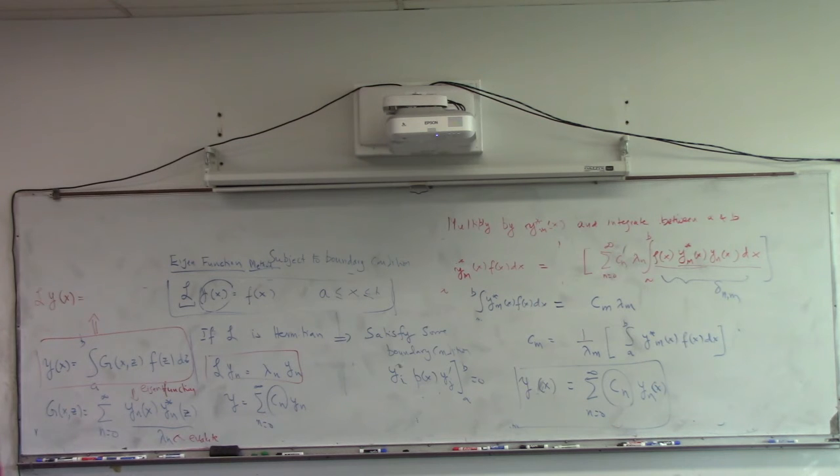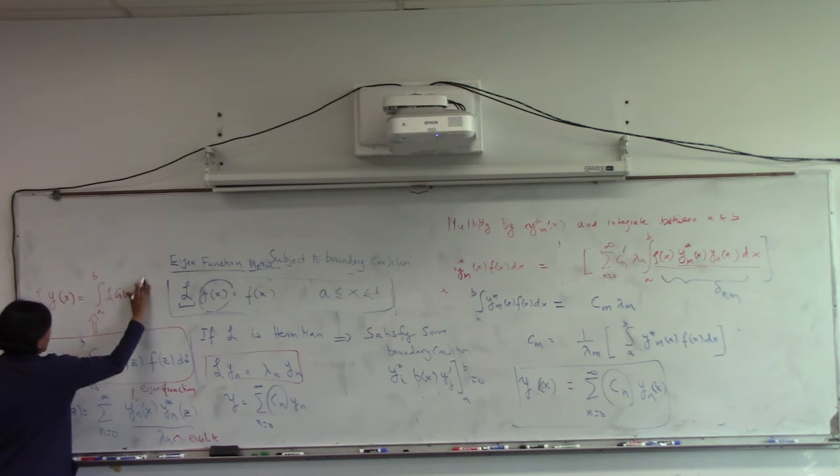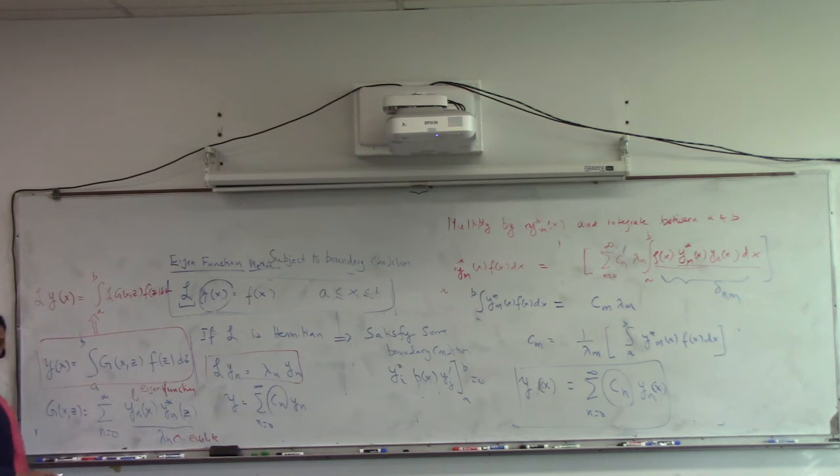This is my y, this is a solution. But that's also that, right? So if I operate L on this, what do you have? The integral from A to B of L operating on G(x,z) f(z) dz. That's what we have, right?